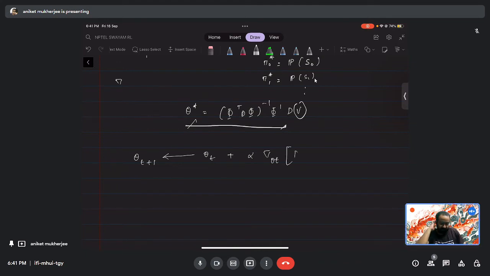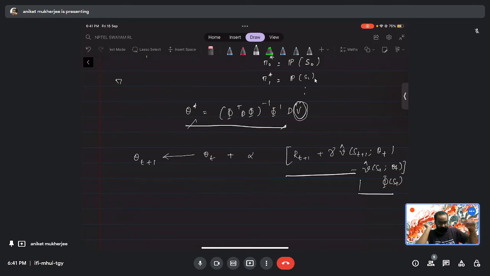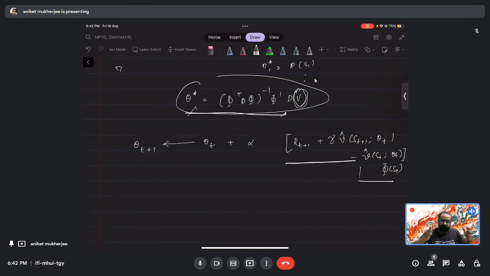If you check sir's notes, that error term will come out to be R t plus gamma V at S t plus 1 minus V at S t, and sir uses some input phi of this. The main problem is that we don't know V, and we want to write this as a gradient descent problem. Sir gives all those steps in the lecture.